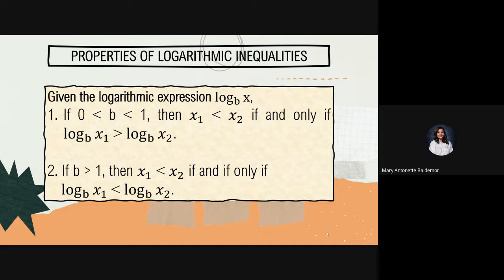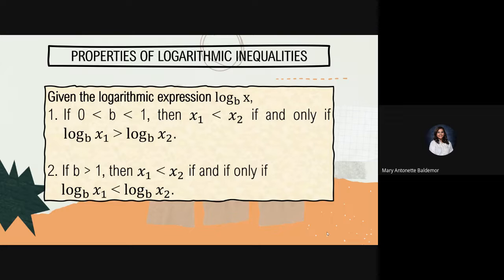For the first one, given the logarithmic expression, the logarithm of x with base b: if b is greater than 0 but less than 1, then x sub 1 is less than x sub 2 if and only if the logarithm of x sub 1 with base b is greater than the logarithm of x sub 2 with base b.